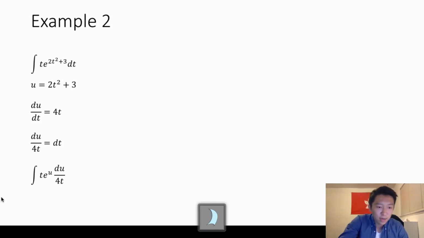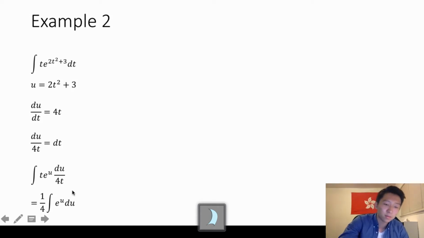Here you can see that we can pretty easily cancel out the t here and the t here, since it's dividing by t. That gives you a quarter of the integral of e to the power of u du, since we have 1/4 right here.